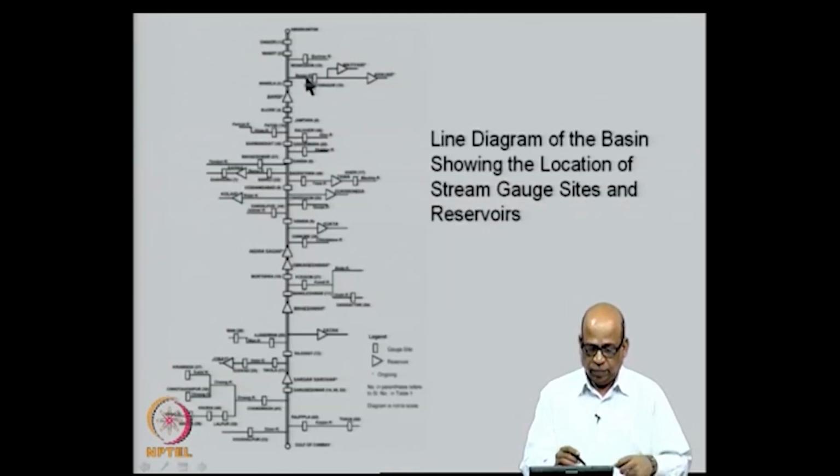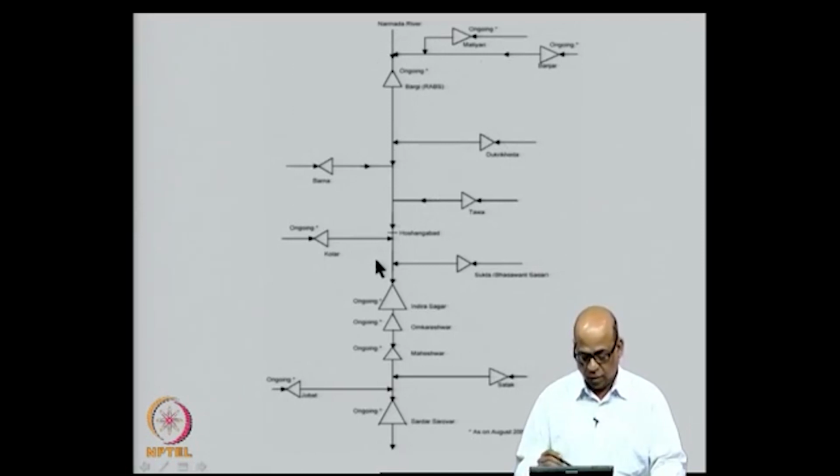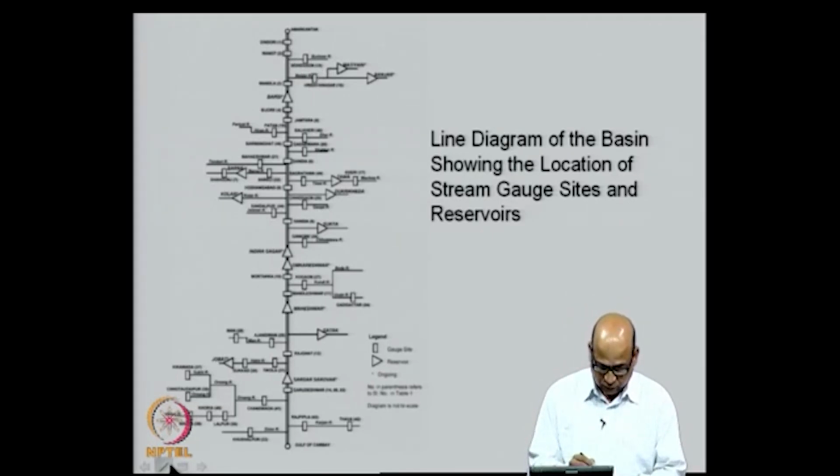You look at the gauge sites now. This is your system, and at several locations there are stream gauge sites. So, this is the stream gauge location. The marks like this, the rectangular marks either this way or this way, these indicate the stream gauges.